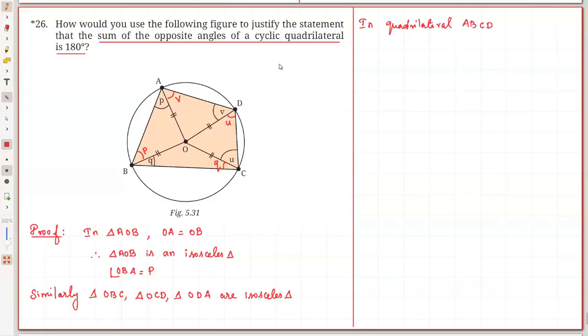I'm going to use the angle sum property of a quadrilateral. Angle A plus angle B plus angle C plus angle D is equal to 360 degrees. This is the angle sum property of a quadrilateral.